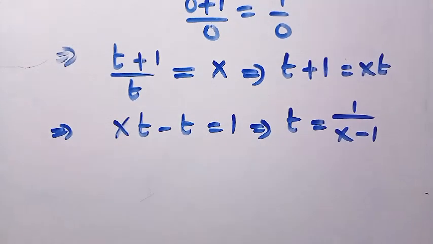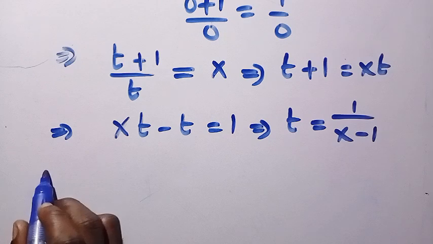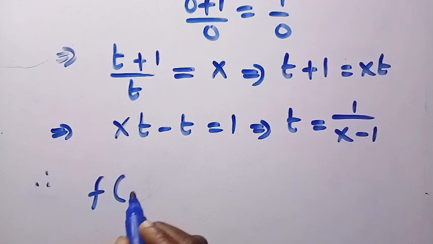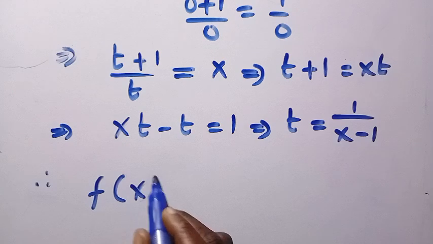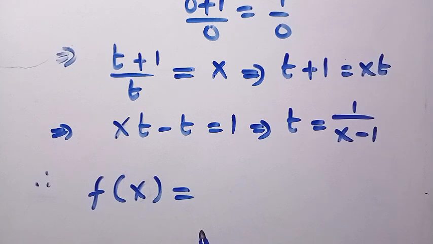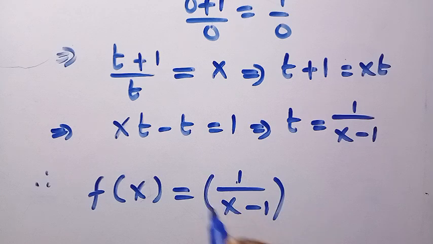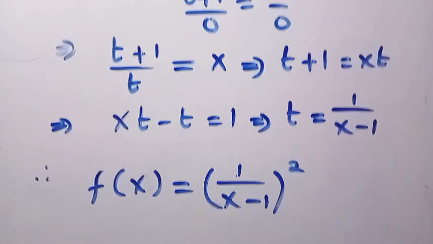Then the next step is to replace back t plus 1 over t with x and t with 1 over x minus 1. So it implies that f of, instead of t plus 1 over t, we change it to f of x equals, instead of t squared, 1 divided by x minus 1 and all raised to the power of 2.